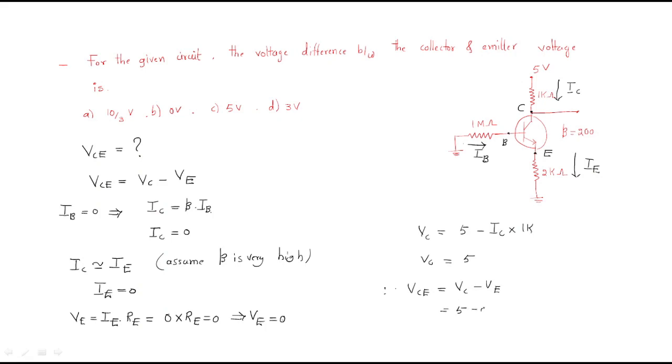VC is 5 minus 0, therefore VCE equals 5 volts. Okay, so this is a simple method to calculate the voltage difference using all the transistor formulas.